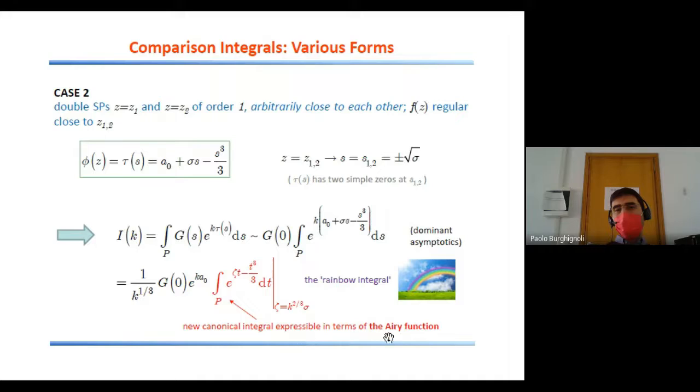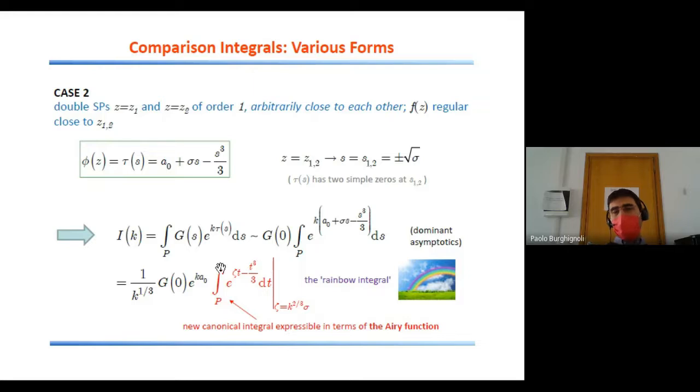This comes from the name of the astronomer Airy that we already encountered, and this is the function that occurs, for example, in the mathematical treatment of rainbows, and it's also known, therefore, as the rainbow function, and the integral in red is also known as the rainbow integral.